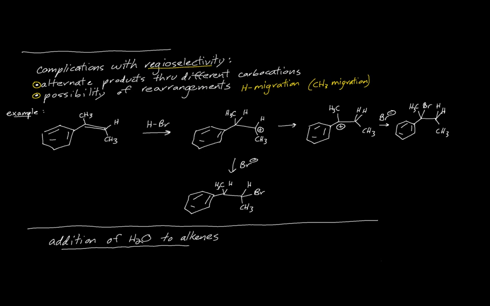So here's an example of a reaction of the type we've been studying. The alkene initiates the reaction with a bond forming there, a bond breaking there, and we have our new bond to hydrogen there, resulting in a positive charge here.